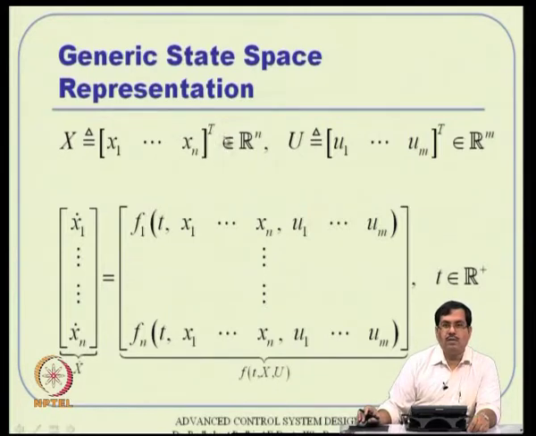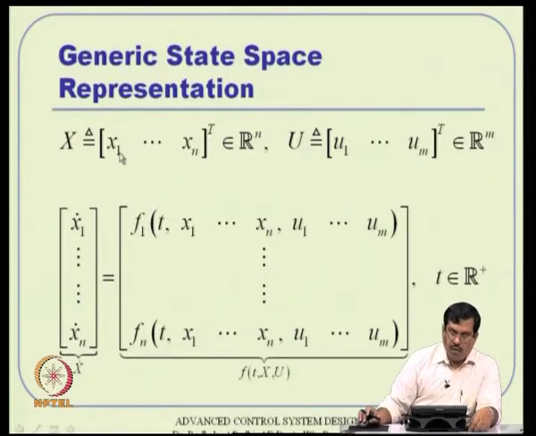So, without further assumptions, by default throughout this course we will assume that the state vector belongs to Rn space, it is an n dimensional vector, and the control vector belongs to Rm space, that means it is an m dimensional vector. That is implicit, whether we say it all the time or not. The state vector is an n dimensional vector, the control vector is an m dimensional vector, and all of these elements are scalar values, real numbers.